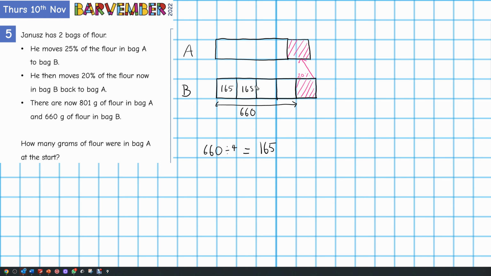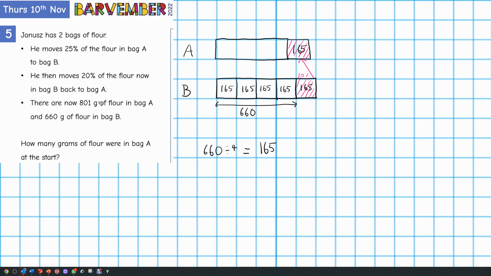I don't normally write them all in, but I'm just emphasizing these points. And particularly when I get to here, this is also 165. And of course, we know that this part is getting moved here. So if this is 165, this is also 165.